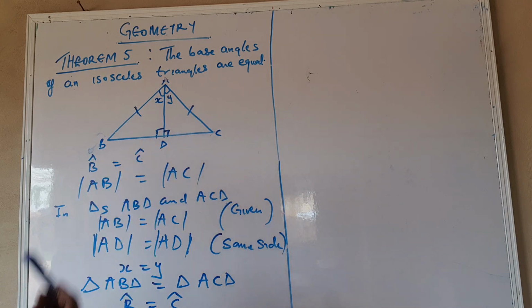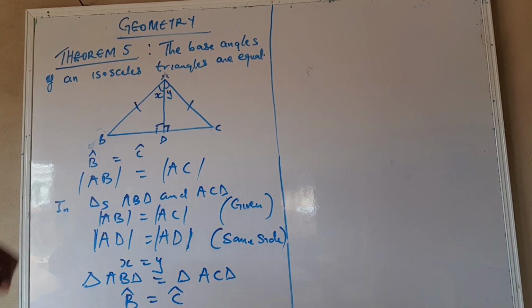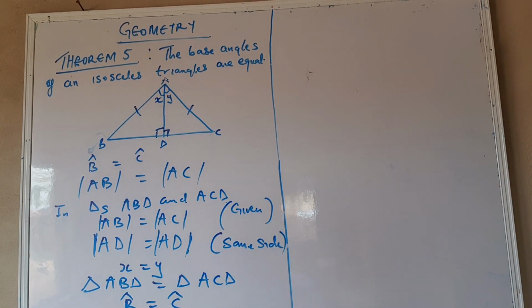Automatically, this and this will be equal, because when I have this and this together, I subtract them from 180, and it will give you this angle. So B is equal to C, and that actually solves the question. It actually proves what we're looking for.